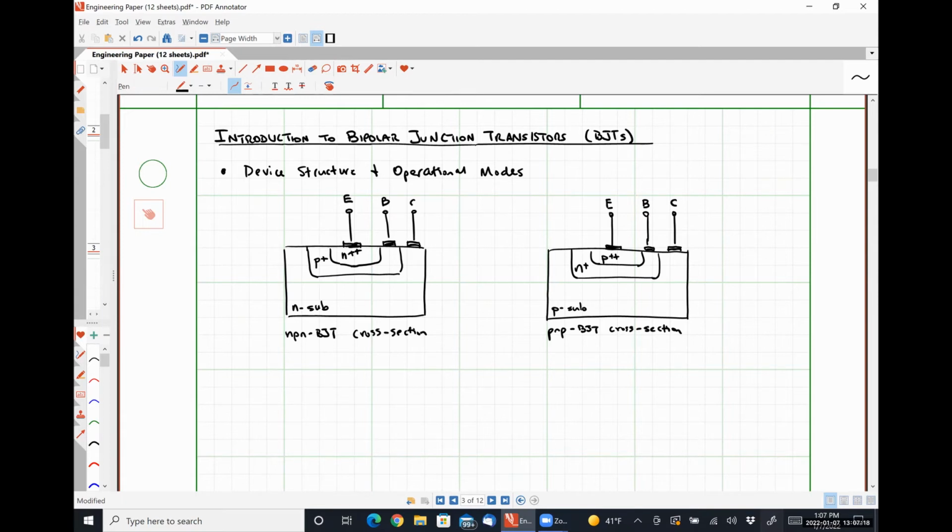Okay. So when we do our analysis of what's going on internally in these devices, when we talk about the physics and everything, this isn't how we're going to look at that. But what I want to point out here, this is a cross-sectional area, okay? So the junction between the emitter and the base is three-dimensional, okay?